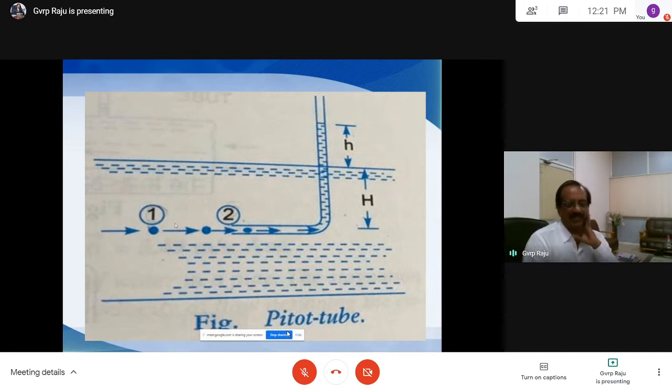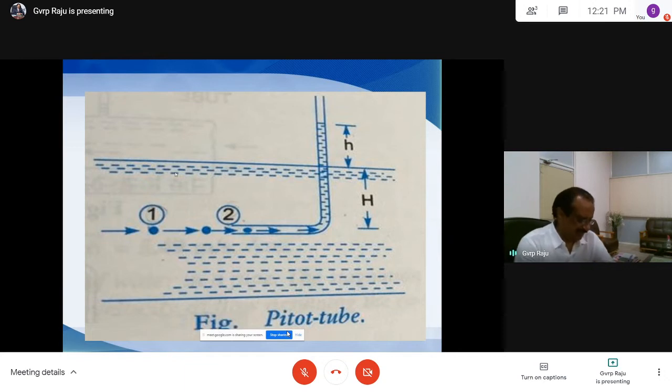The principle involved here is reducing the velocity to 0. Here we have some velocity, V1 is the velocity of the water, and it is required to reduce the velocity at point 2 to 0. When the velocity is reduced, there is a rise of water here.